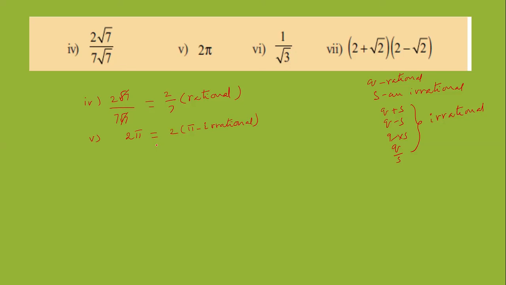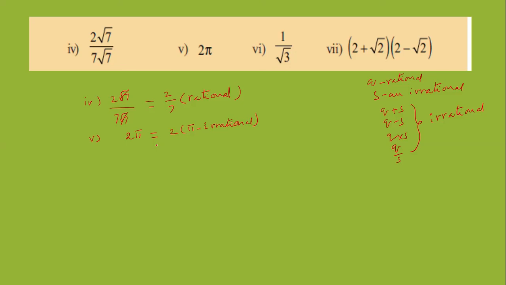Next, 2 pi. What do you say, pi? Already you know in the previous session pi is an irrational number. Then you multiply by 2.